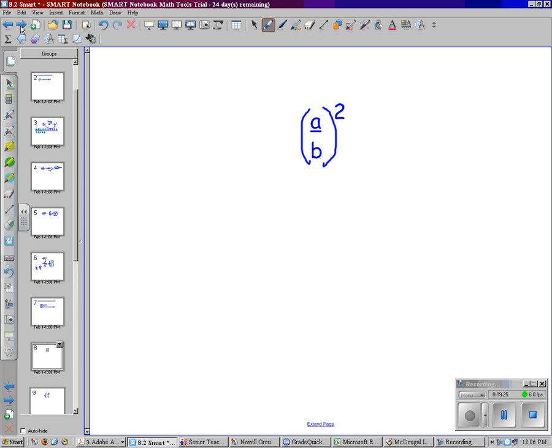How do we write that using this property? Think about what we just had up here. Hey, Jordan. A squared over b squared. You got to give the 2 to each factor that's inside the parentheses.